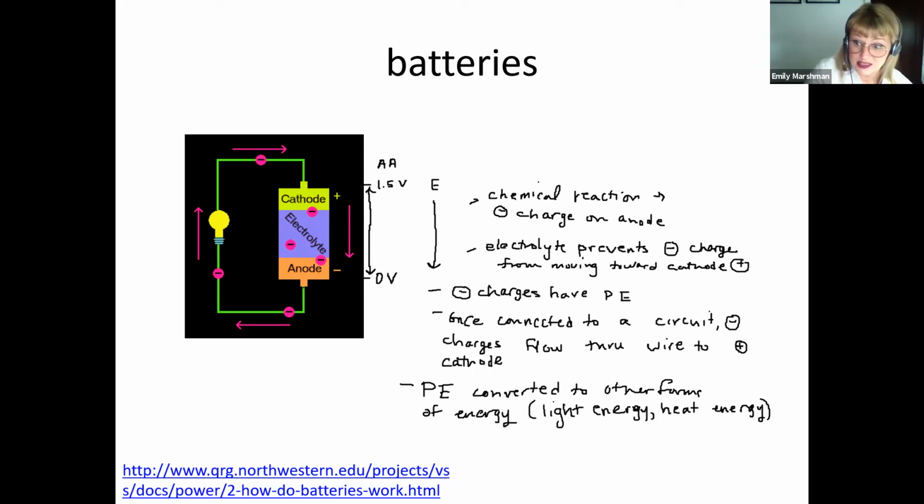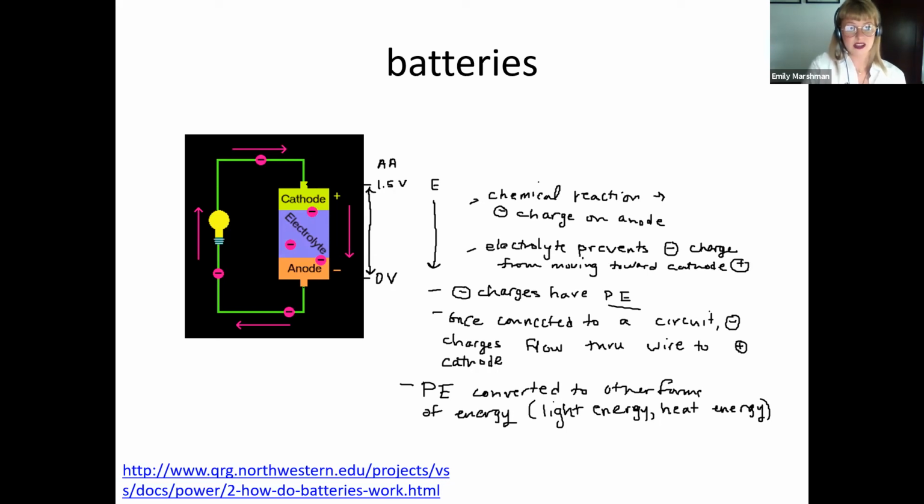And so this potential energy, right? We said, hey, these electrons have potential energy. They're pushed towards the anode. What happens to that potential energy? Well, it gets used to light up a light bulb, for example. Run your toaster. The energy that it has can be converted into different forms of energy: light energy, heat energy.